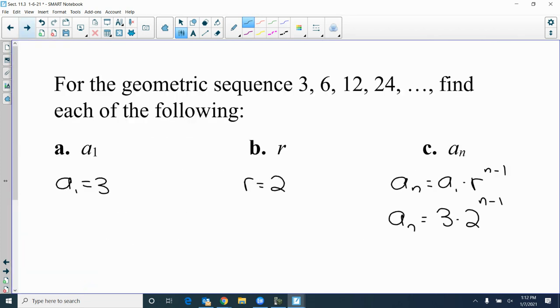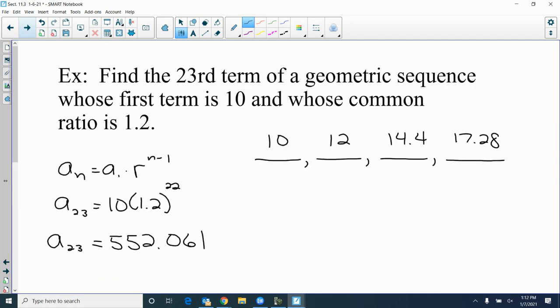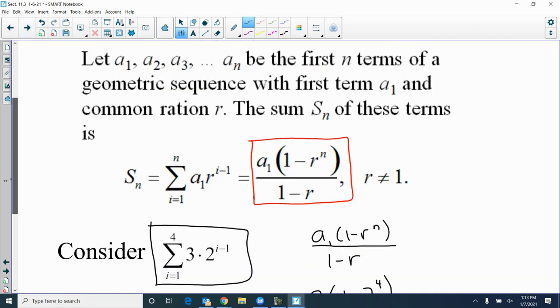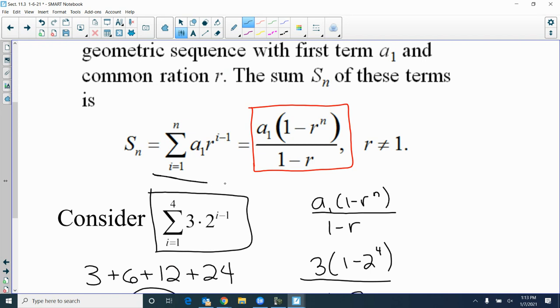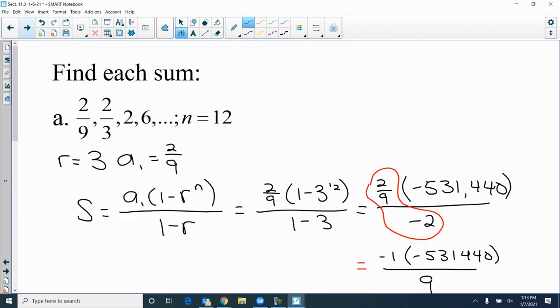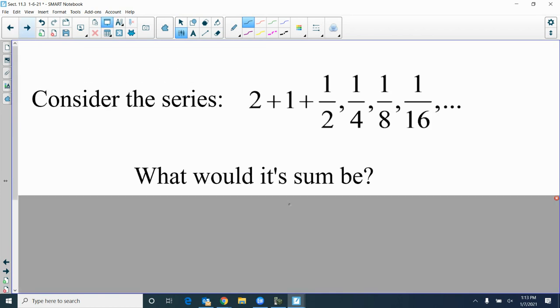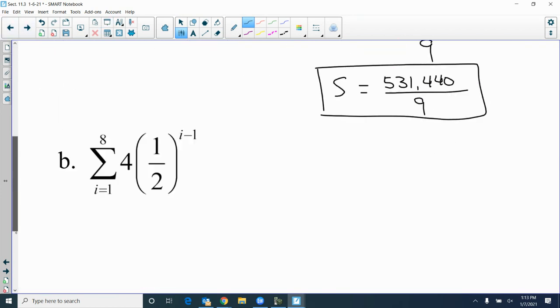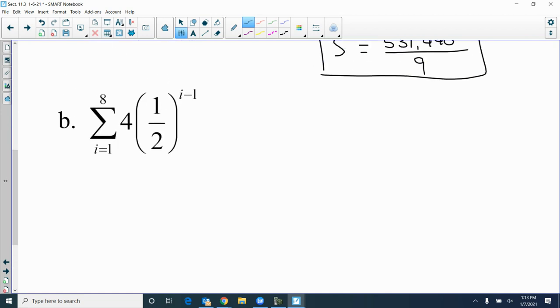This is why we did this. We wrote it out, we showed you it was geometric. If you've got a constant times a value to the i minus 1, it is guaranteed to be geometric, okay? And so I can use that formula.